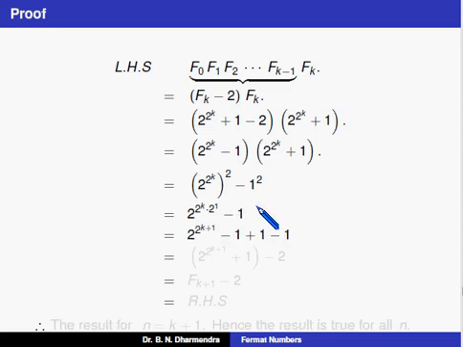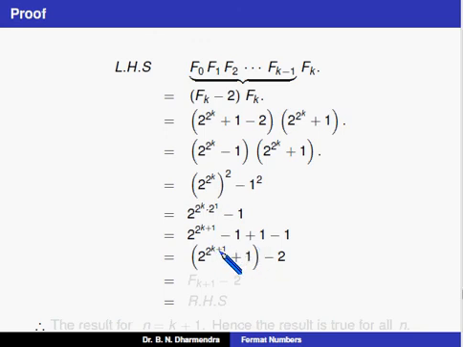And also we have to add and subtract 1 here, because finally we have to show that it is f suffix k plus 1 minus 2. So that's why we have to add and subtract 1 here, and therefore it can be rewritten as 2 to the power of 2 to the power of k plus 1, minus 2.